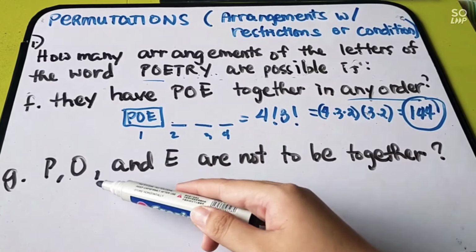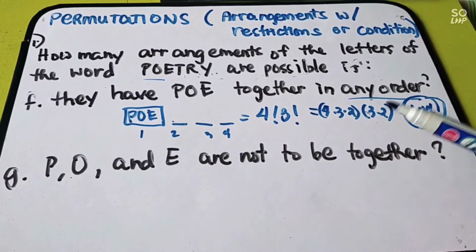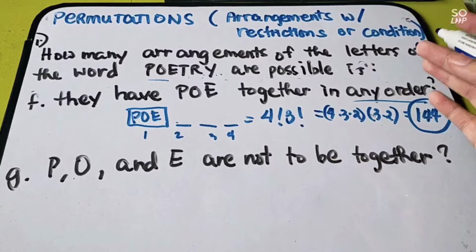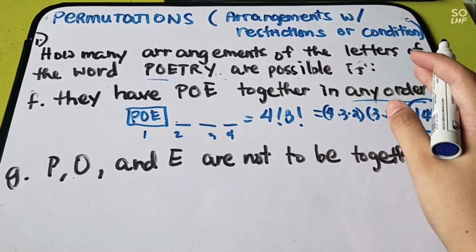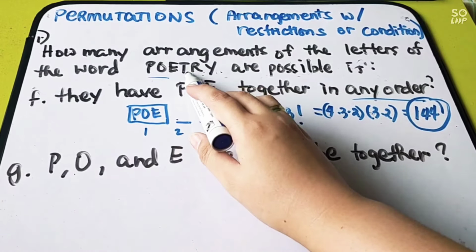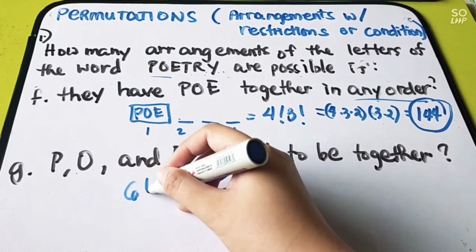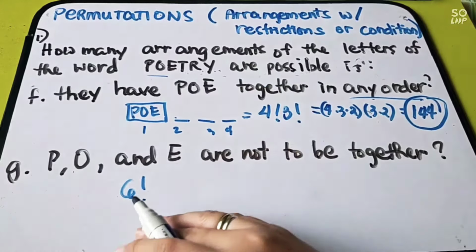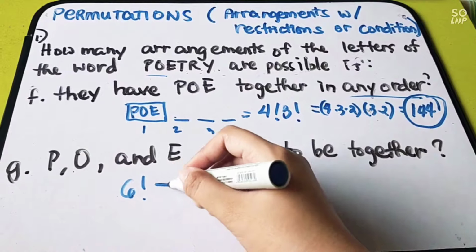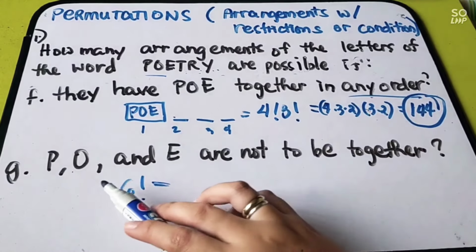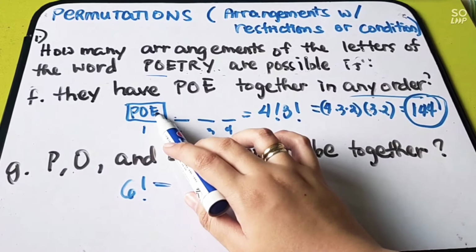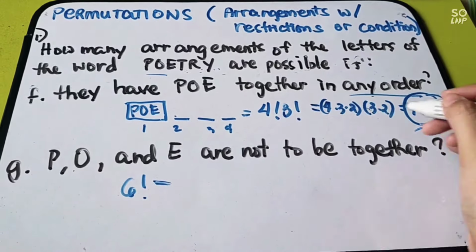Okay? Next, letter G. We have P, O, and E are not to be together. So, ngayon, dun sa restriction natin kanina, yung walang restriction, that is 6 factorial. Tama? So, we have 1, 2, 3, 4, 5, 6. Yan yung permutation natin kay poetry ng walang restriction. So, yung 6 factorial, subtract natin yon doon sa P, O, and E na together, which is 144.